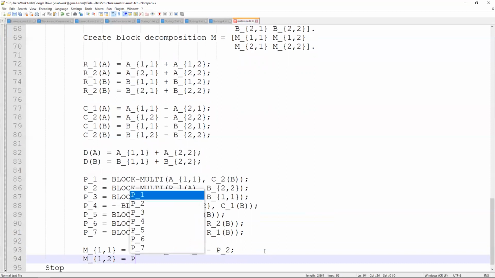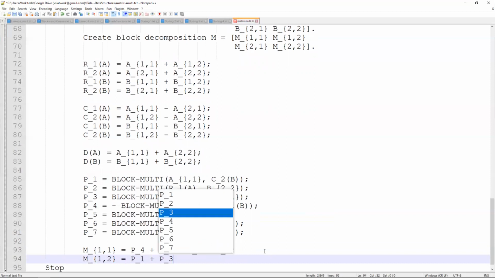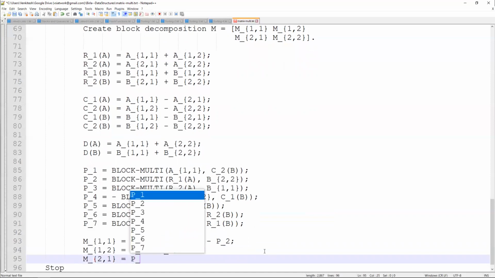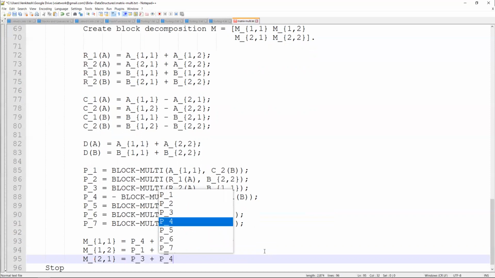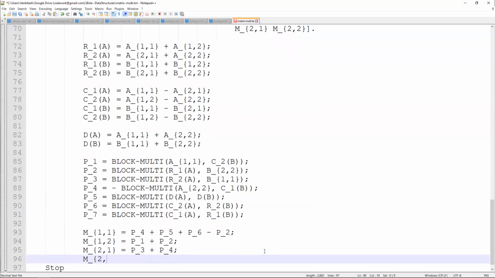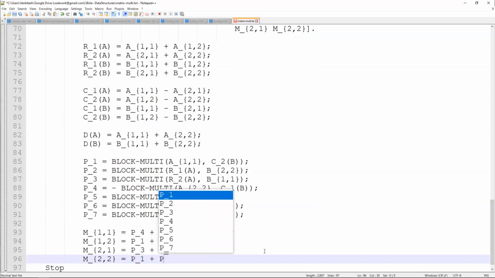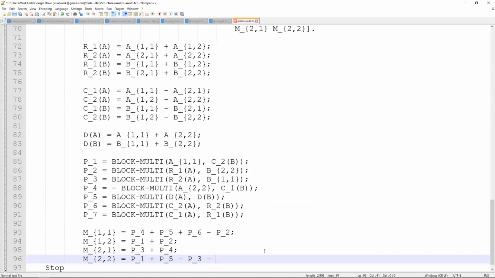M12 is P1 plus P2. M21 is P3 plus P4, and M22 is P1 plus P5 minus P3 minus P7.